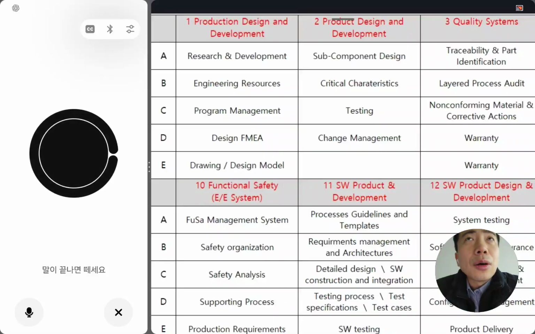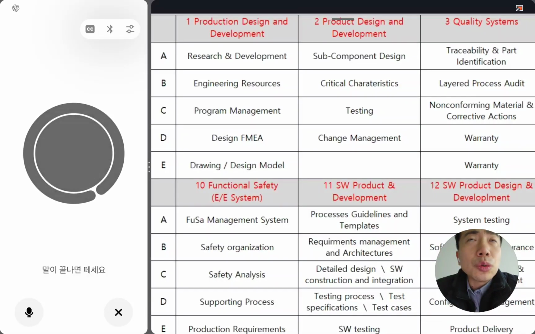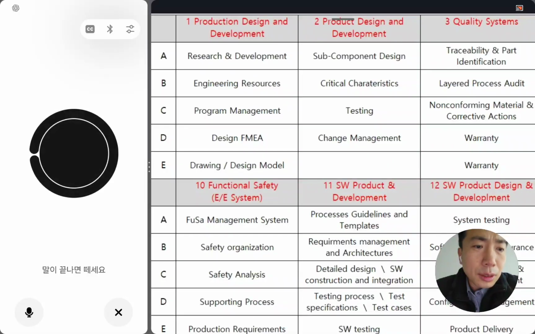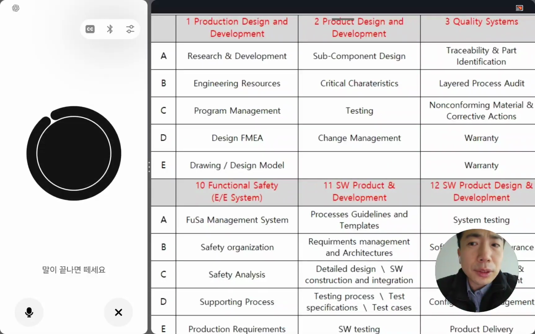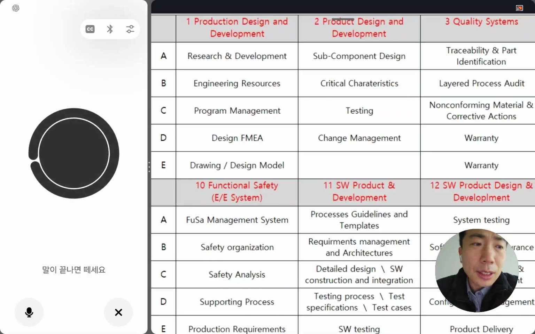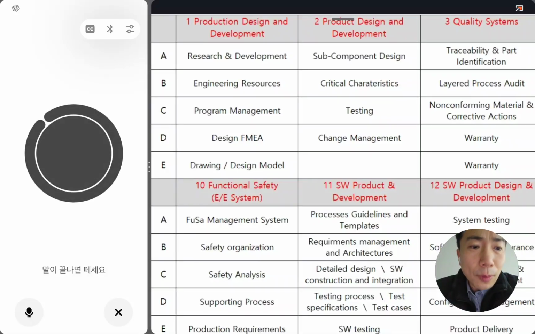I mean, in case you are visiting, you are auditing some automotive suppliers, and share with me possible questions for topic A, sub-component design. Would you do that for me?